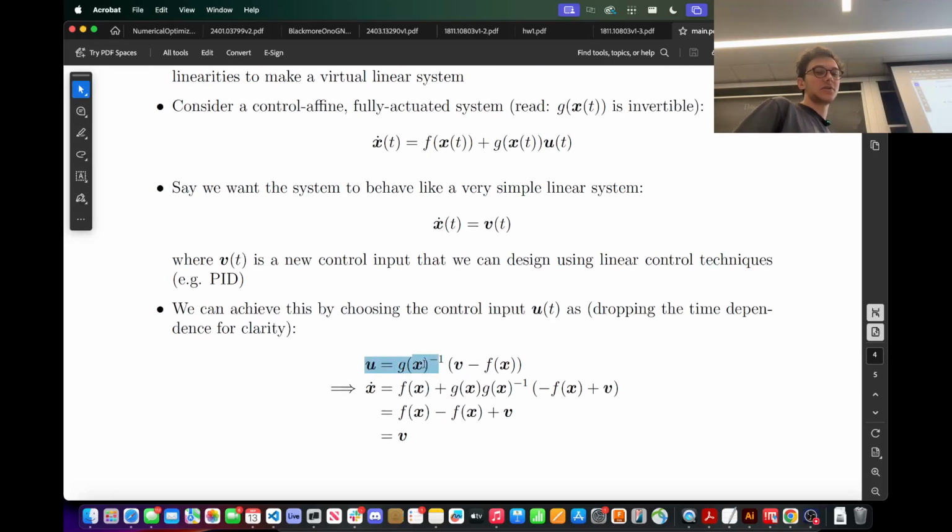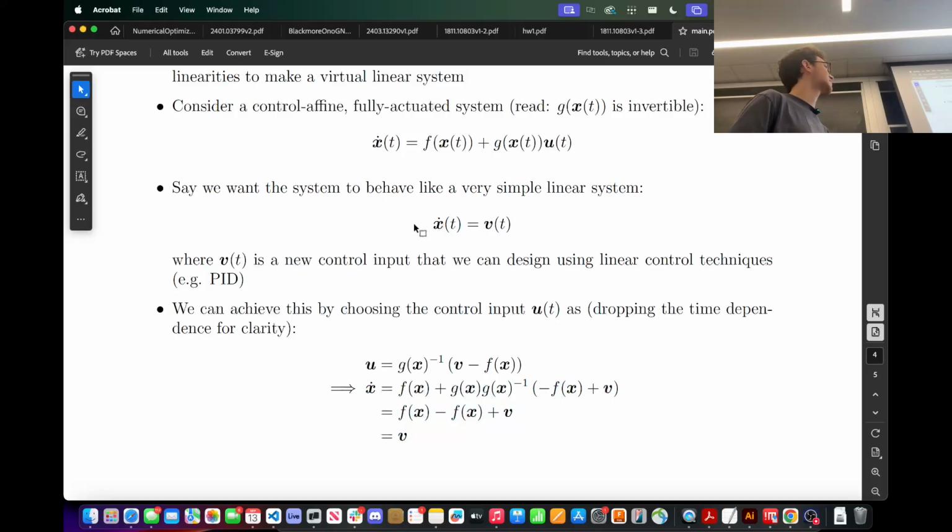So if I choose u as this guy, G inverse times v minus f, if I plug this in, then I will ultimately get G times G inverse, which is going to be the identity, or 1 if it's a scalar. And then I'm going to cancel the f's, and so this is just going to be left with v.